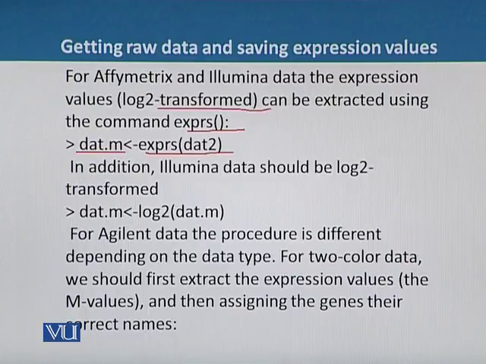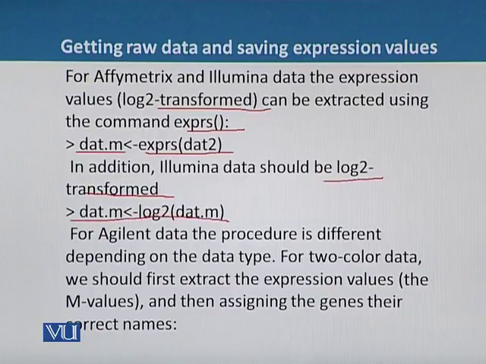We use this command, and in addition, Illumina data should be log2 transformed, because we have already seen that in case of Illumina data, we have to use the third step after background correction and normalization. We have to convert data into log2 transformed data.